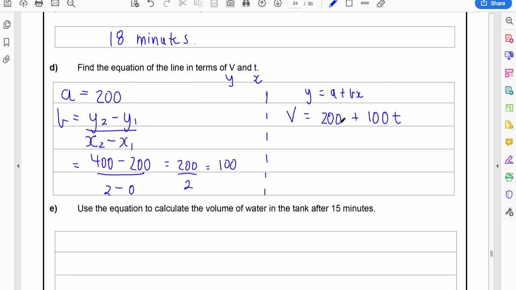Now, your other option would have been just to use 2 points and use your calculator method. So I could have used, say, 0, 200, and any other point. So I'll just say the one that I had, which was 2, 400, and your CAS. Just make sure you're not writing it in terms of y and x, you're using v and t.